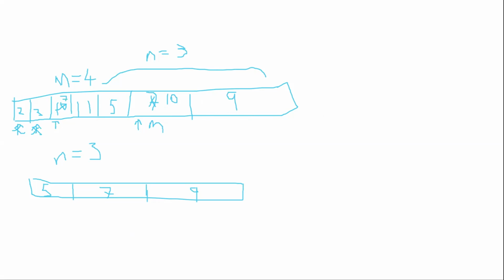So I was saying that you should swap 10 and 5, not 10 and 7. 10 and 5. Yeah. Okay, yeah, sorry. My mistake. I didn't see 5. 10 and 5 we swap. So 5 comes over here and 10 comes over here. But now this array isn't sorted, right?